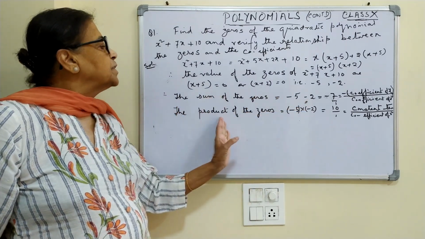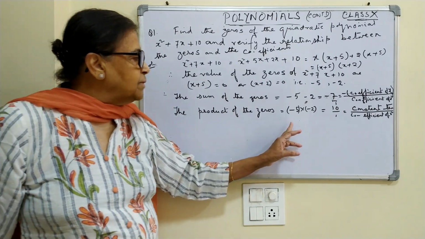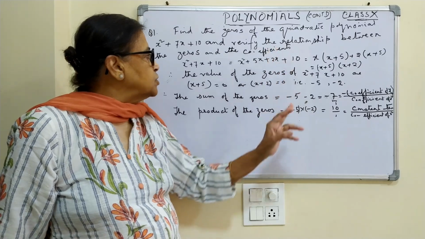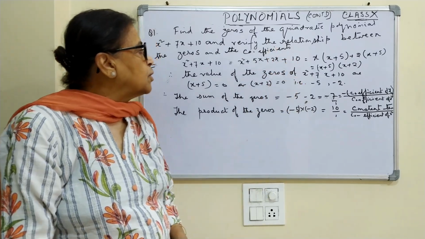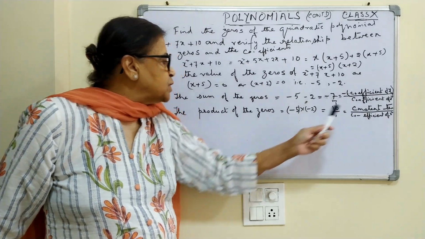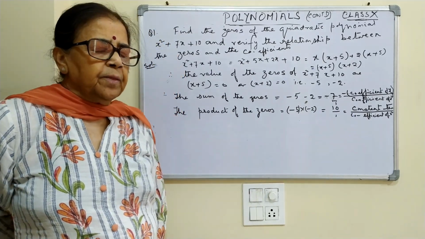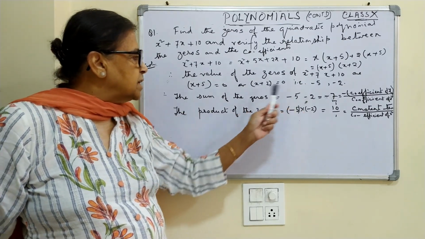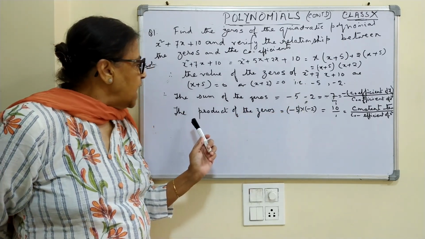Again the product of the zeros is minus 5 into minus 2, that is 10 by 1. 10 is the constant term, divided by the coefficient of x square, which is 1. These are the relations between the coefficients and the zeros.